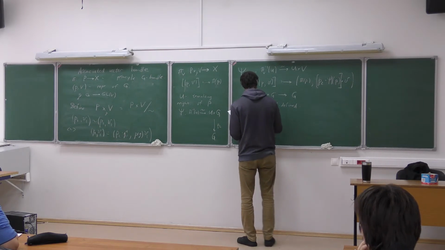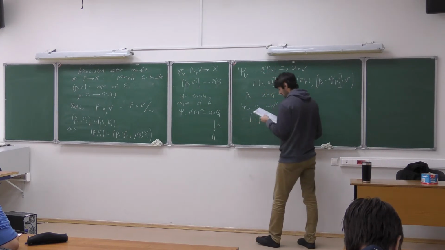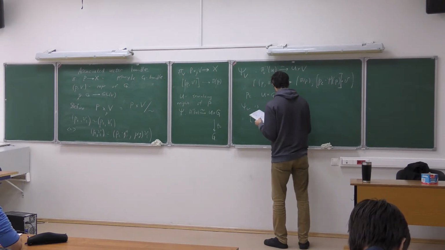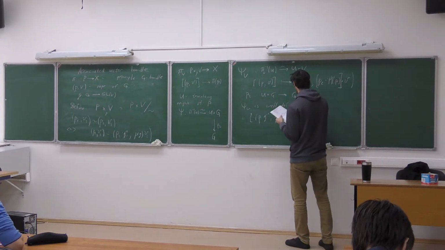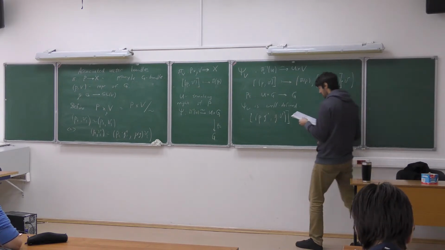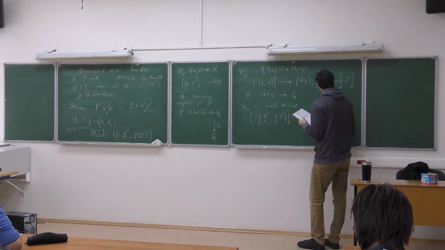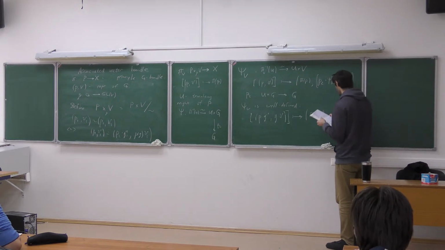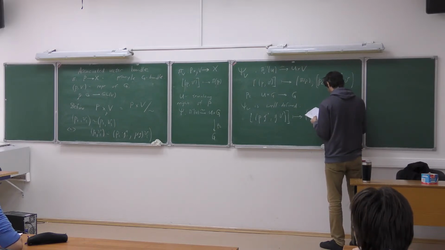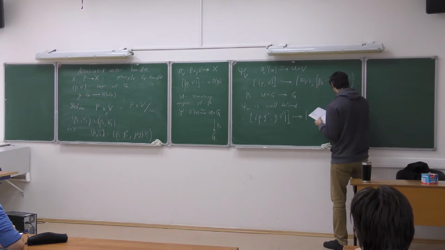So I act by some G on P from the right, by G inverse, and G acts by G on V. So I consider such a pair. This should give me the same result under the map psi V. Right. So this will be pi of P G inverse, right? So I'm just using the definition, and P2, right, of psi P G inverse applied to V.